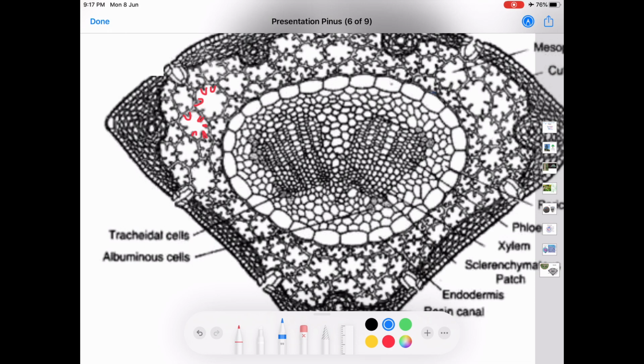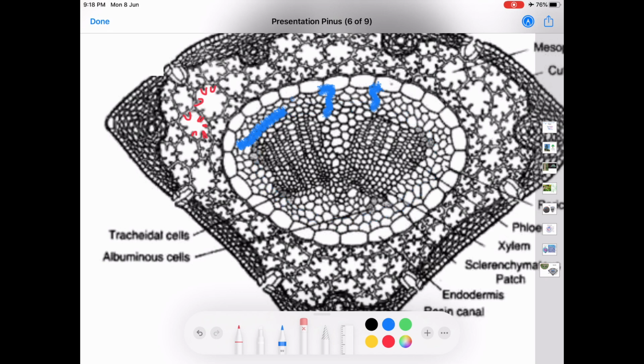Inner to the mesophyll cells is the endodermis. See this, endodermis. It is single layered. Inner to the endodermis is the parenchymatous pericycle, which is multi-layered. See, this region is the parenchymatous pericycle.